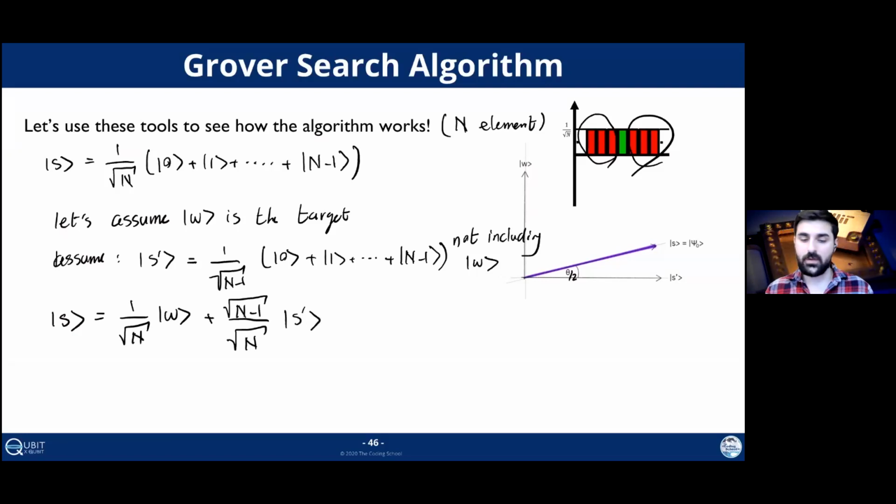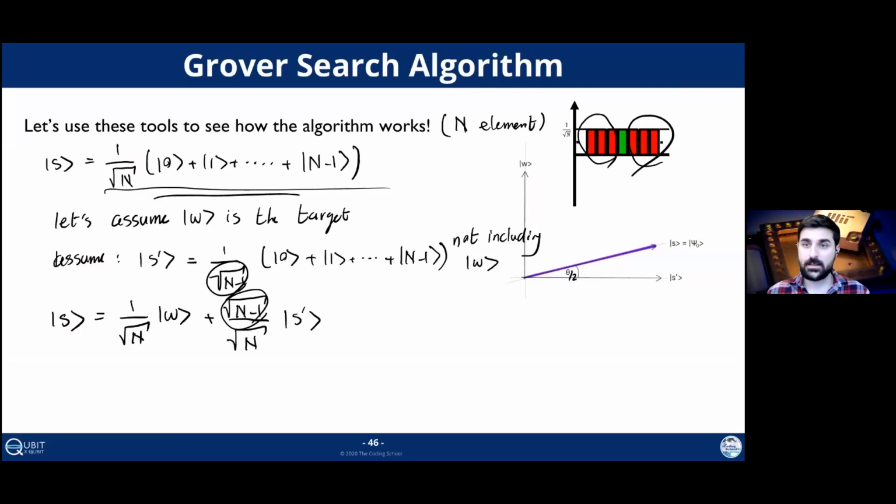Now, if you do the math, if you actually plug in the value of what we have for S prime, this 1 divided by square root of n minus 1 in the denominator over here will cancel the square root of n minus 1 in the numerator here. And we end up with the original definition that we had for S.